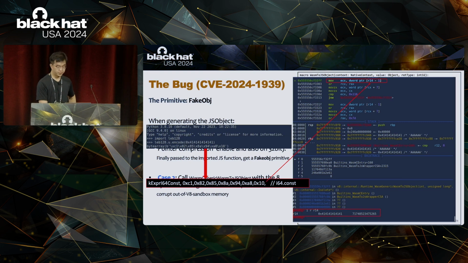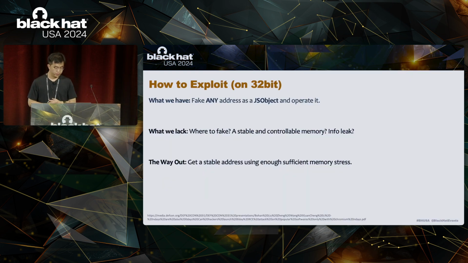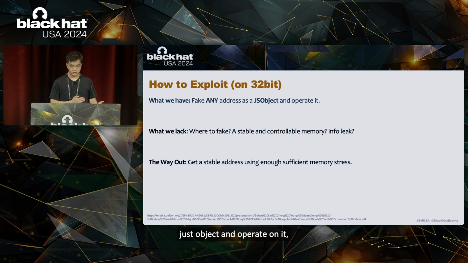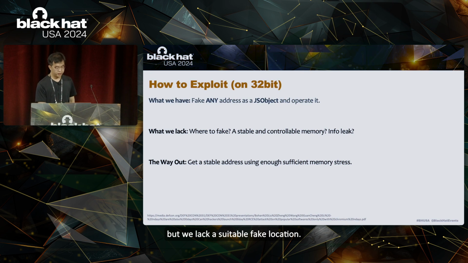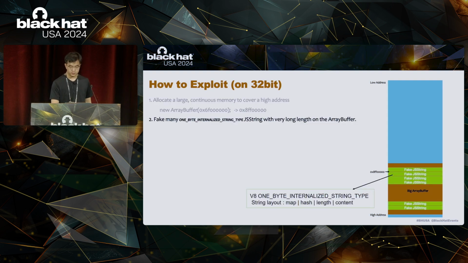Okay, let's assess our situation. We can fake any address as a JS object and operate on it, but we lack a suitable fake location and address leaking primitive. We can resolve it using heap spray. First, we can occupy the memory of a high address by allocating pretty large array buffers.